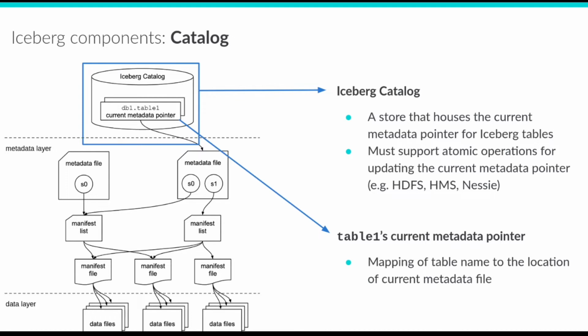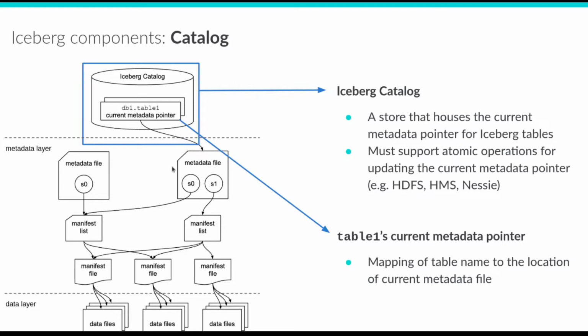There's a special one called Nessie, built particularly for Iceberg, that gives you Git-like features with your Iceberg tables, where you can do branching and merging. That's called Project Nessie. You could also use AWS Glue or DynamoDB. But what it does is create an atomic pointer to the newest metadata file.